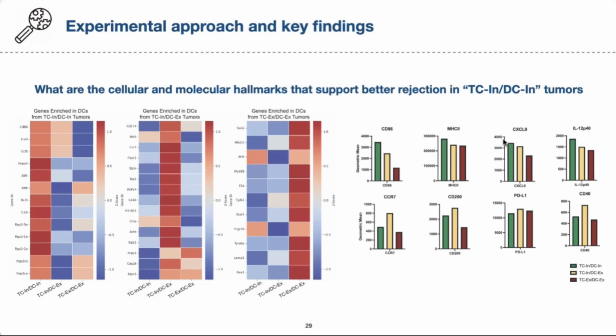And by contrast, if we look at markers that were upregulated in our T cell infiltrated, dendritic cell excluded tumors, we see more of this migratory or mregDC type signature with high expression of CCR7 and other markers that have been seen in other studies, including CD200, PD-L1, CD40.